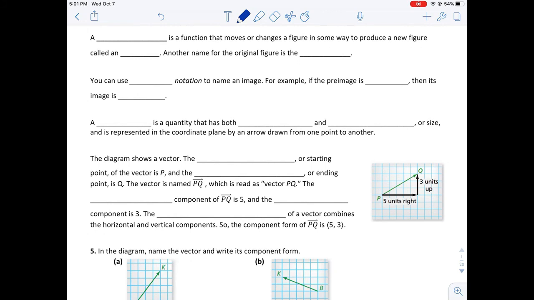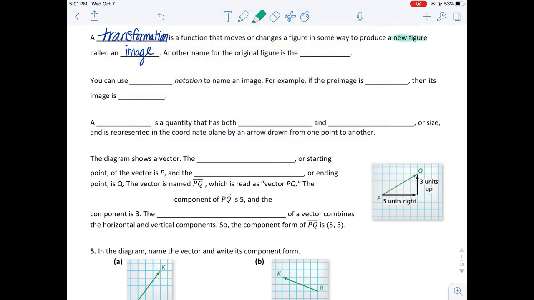So in general, a transformation is a function that moves or changes a figure in some way to produce this new figure that's called an image. So if you're a highlighter person, you need to remember, let's make that a little bigger.